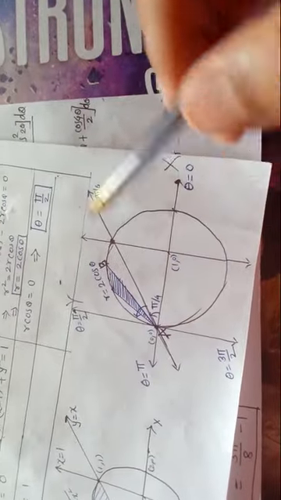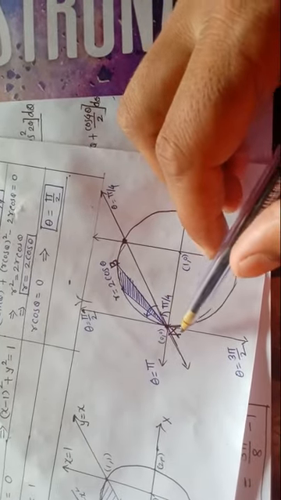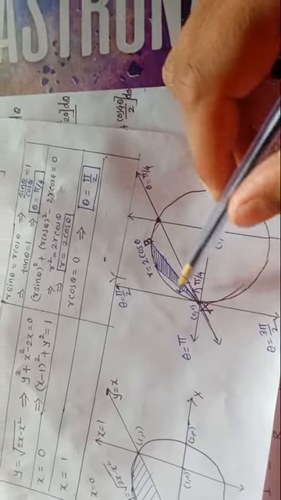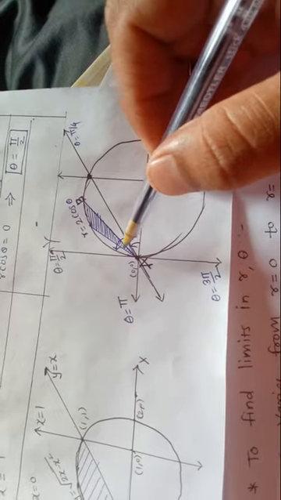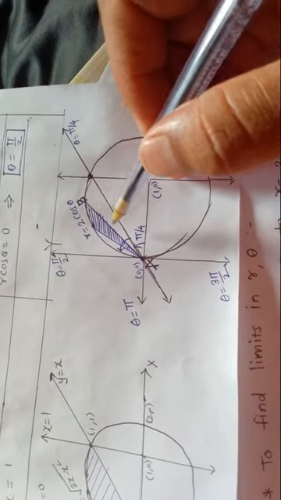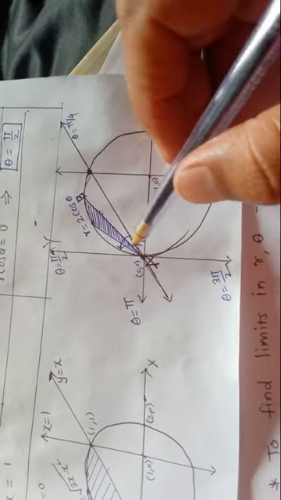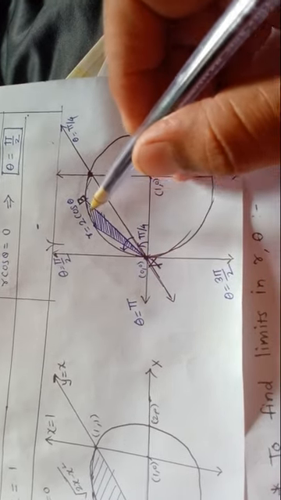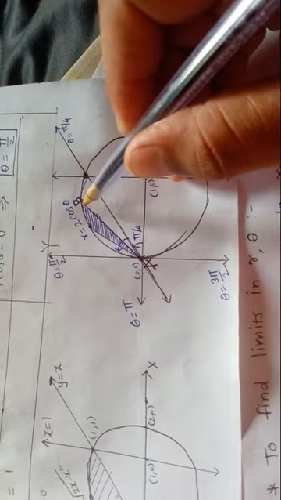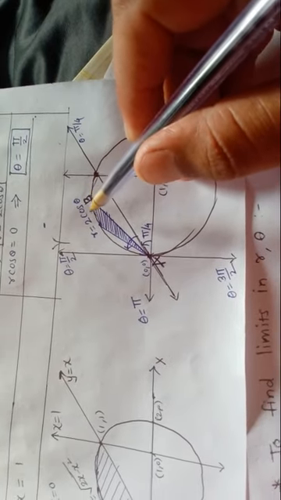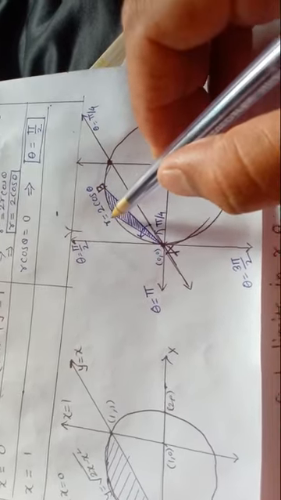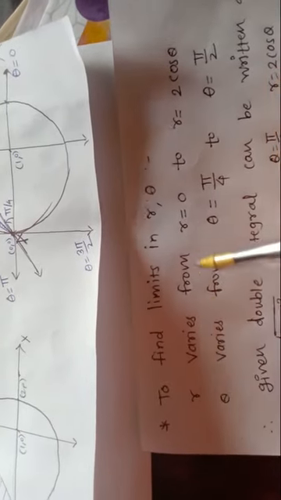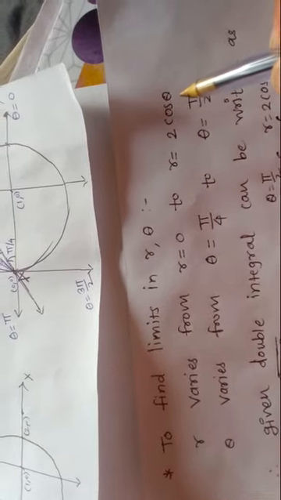So for this, first of all, I am taking one strip that I have drawn in the shaded region. You can observe this shaded strip. We know that r is nothing but radius and theta is nothing but angle. So you can observe that r is starting from the origin and ending at this curve, and the equation of the curve is nothing but the equation of the circle, that is r equals to 2 cos theta. Therefore our r varies from r equals to 0 to r equals to 2 cos theta.